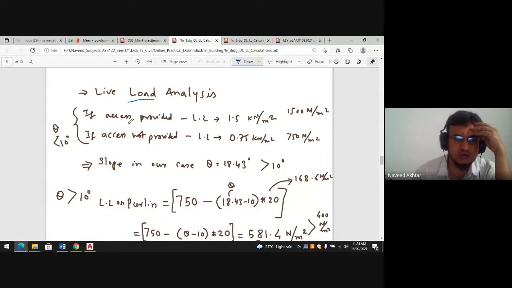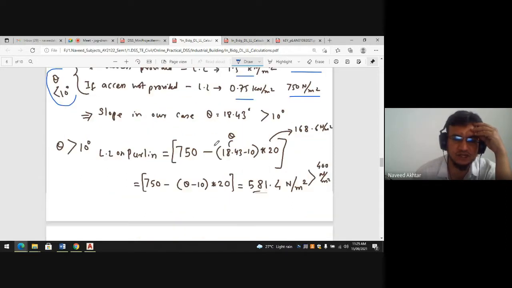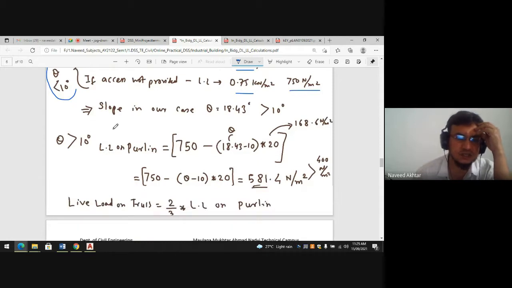If access is provided and if theta is less than 10 degrees, then it is 1.5 kN per meter square, or you can write 1500 Newton per meter square. If access is not provided, then 750 Newton per meter square, that is 0.75 kN per meter square.